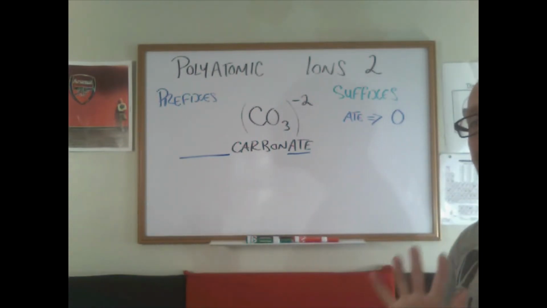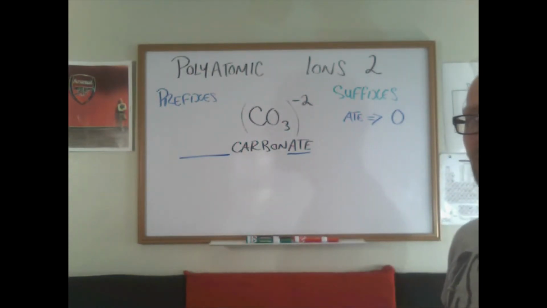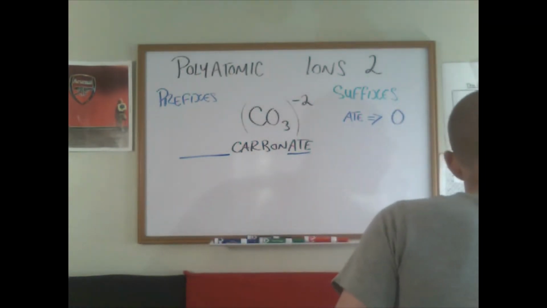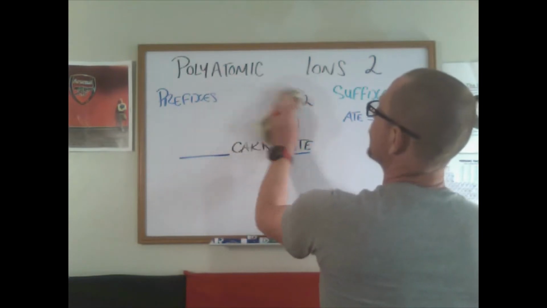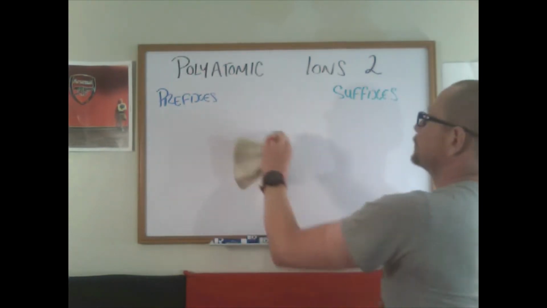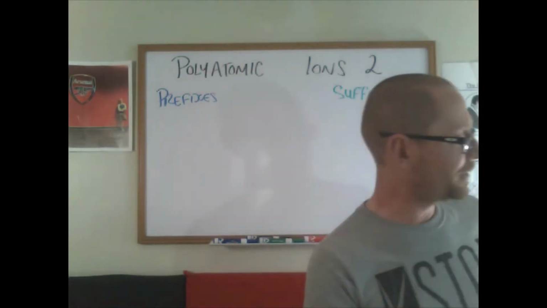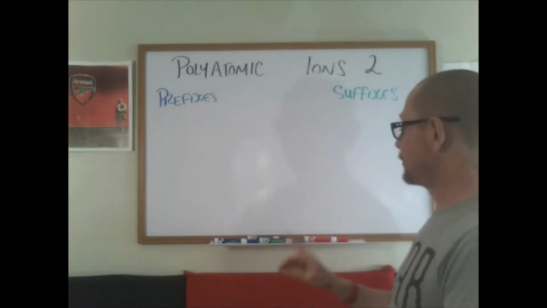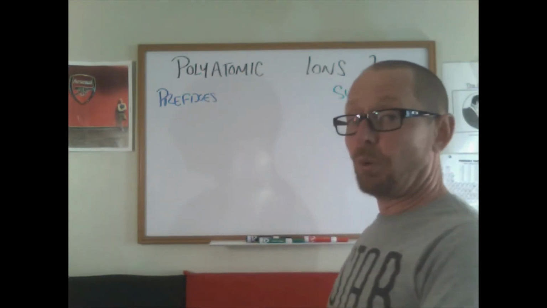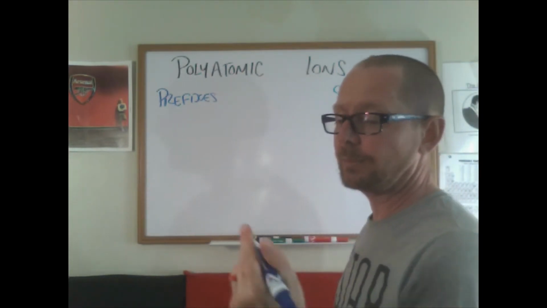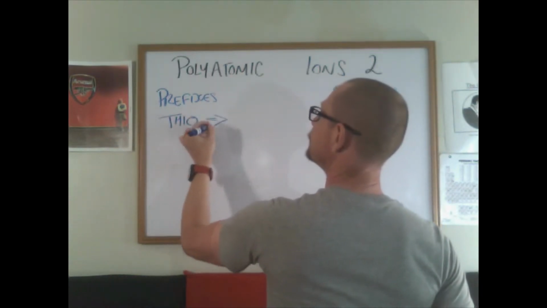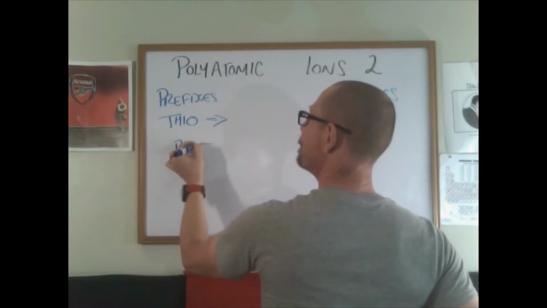There is a list of other prefixes and suffixes, and you need to know these. Prefixes have special meanings, like thio and bi.